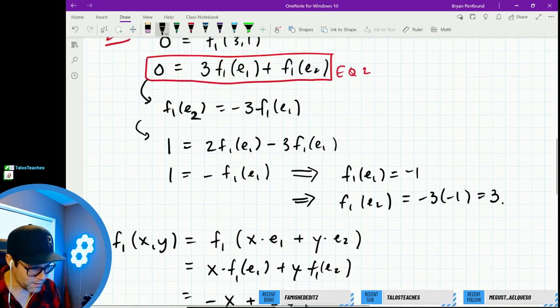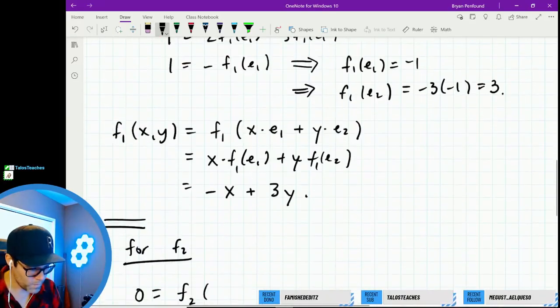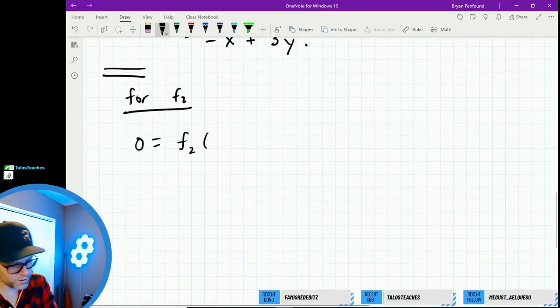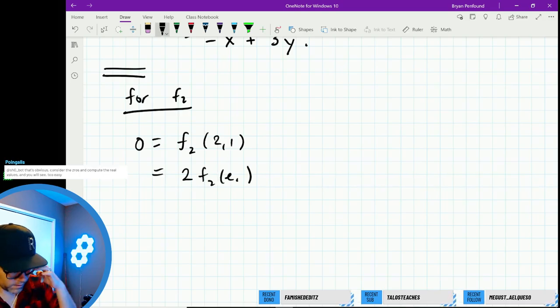Okay, so what are our basis vectors again? 2, 1, and 3, 1. So for F2, where does 2, 1 go? That should be 2 times F2 at the first standard basis vector, plus F2 at the second standard basis vector.